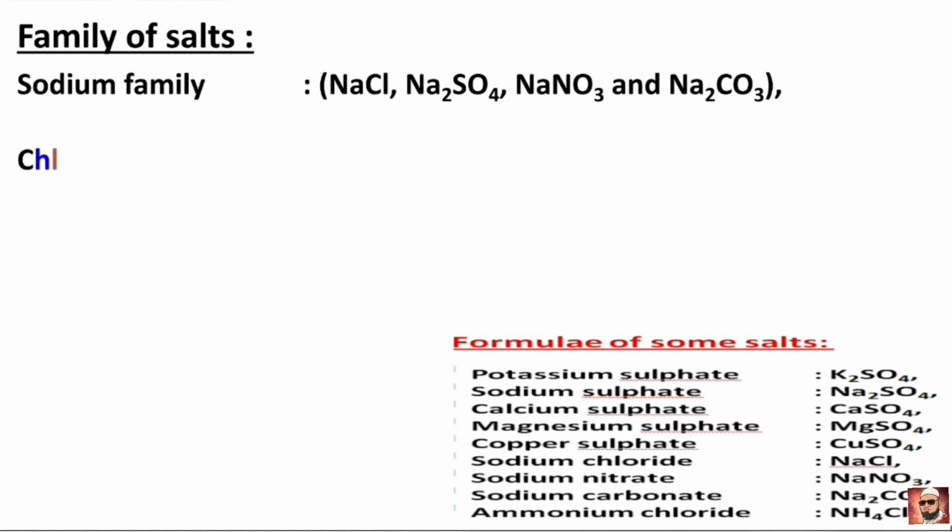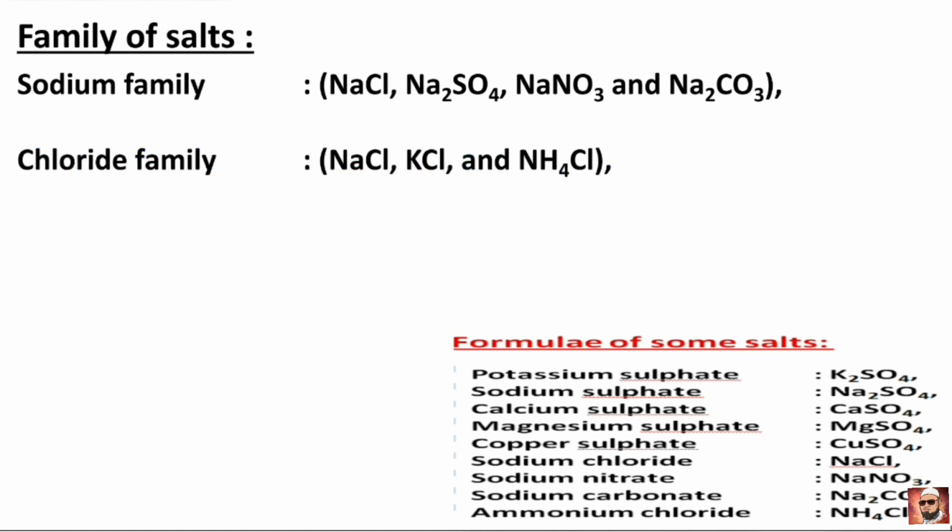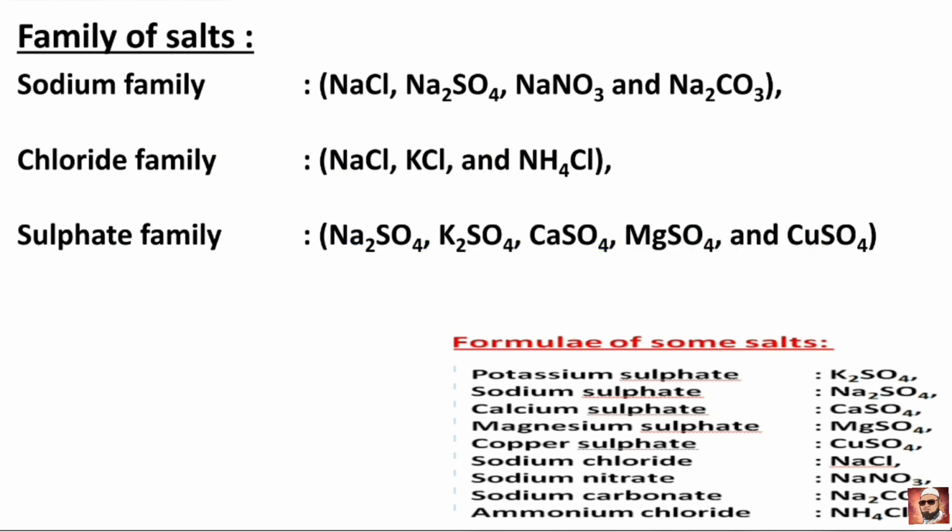Examples of the chloride family are NaCl, KCl and NH4Cl. In these compounds you can see chloride is common, so that's why we consider them a chloride family. The same way, the sulfate family: Na2SO4, K2SO4, CaSO4, MgSO4 and CuSO4.